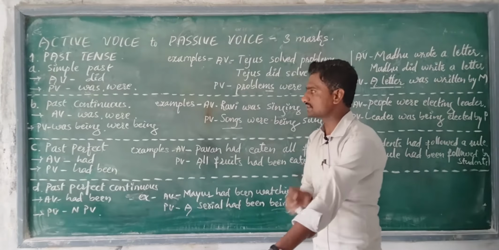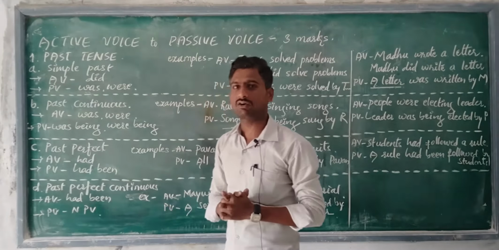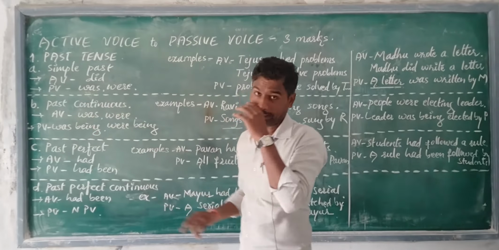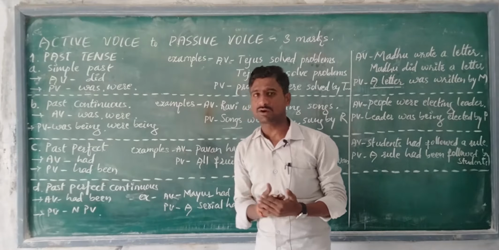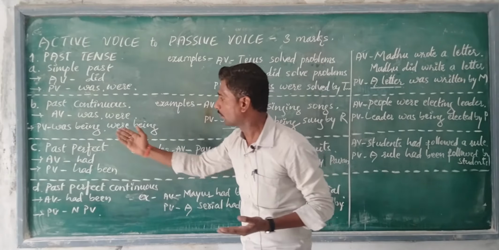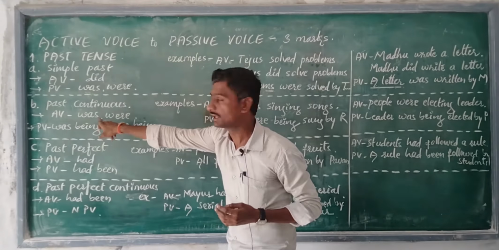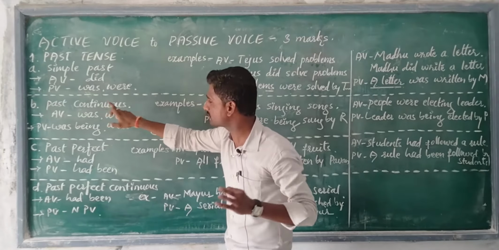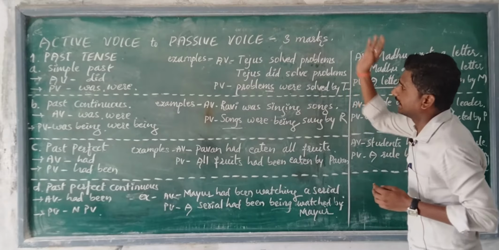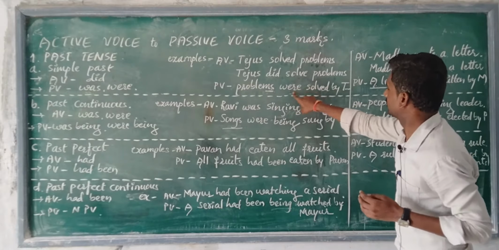And I request you to come to the next part of past tense, that is past continuous. In past continuous, the active forms are was, were, and the passive forms are was being, were being. My dear students, here the active forms in past continuous, those are already used in simple past tense for passive voice.